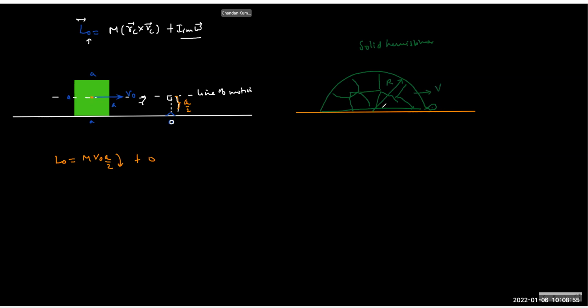So if I choose any point at the bottom, maybe here, what is the angular momentum of this tortoise about this point, if m is the mass? Tell me that.